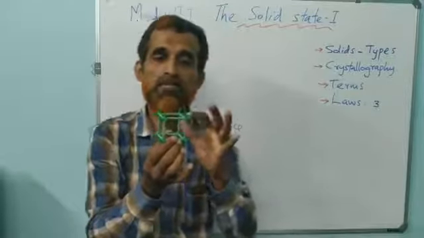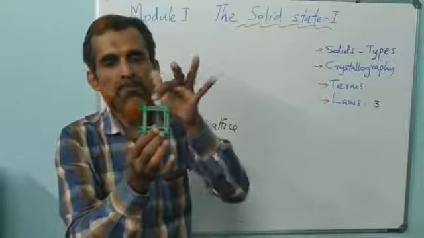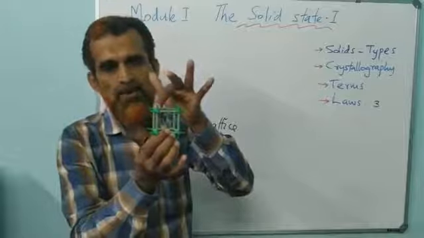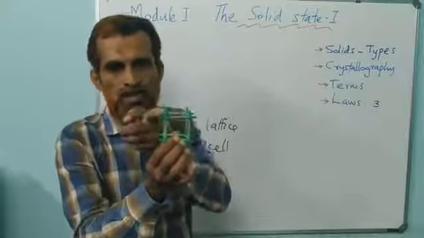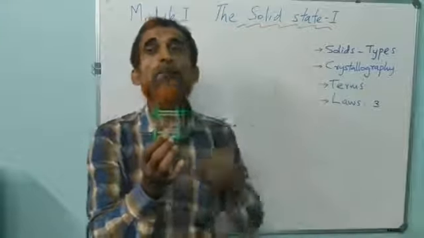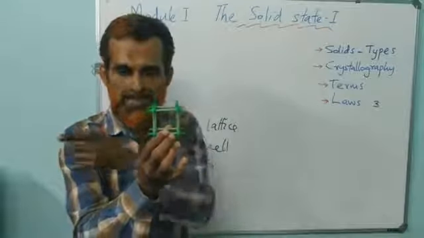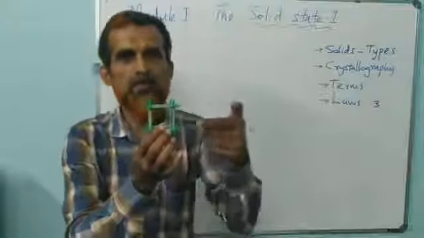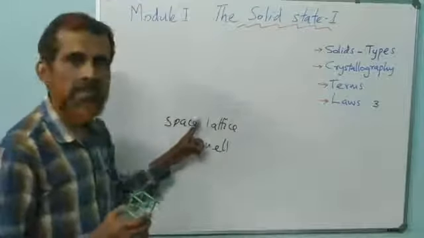What is the importance of these points? These points are regularly repeating. See, if this distance is A, actually in a crystal it is repeating. So there will be another point here and it repeats. So repeating points. And you can see this point is repeated along x-axis, along y-axis, along z-axis. So three-dimensionally. That is why space lattice.